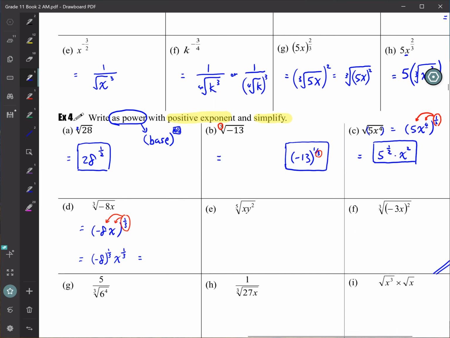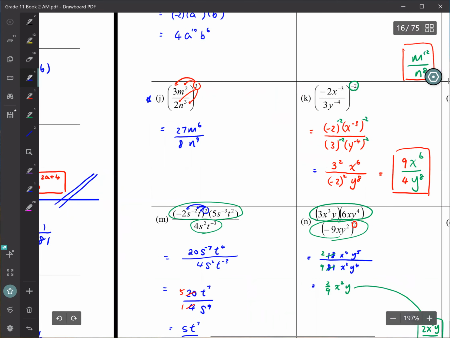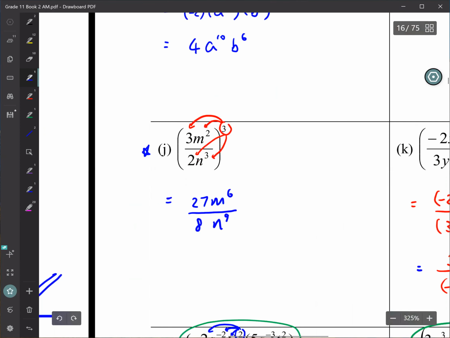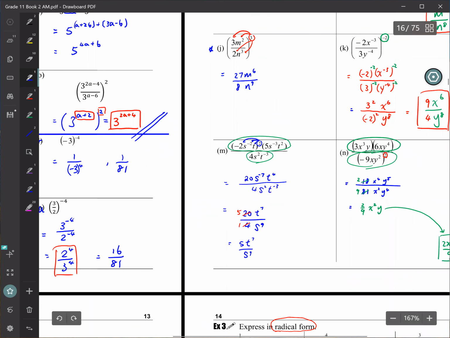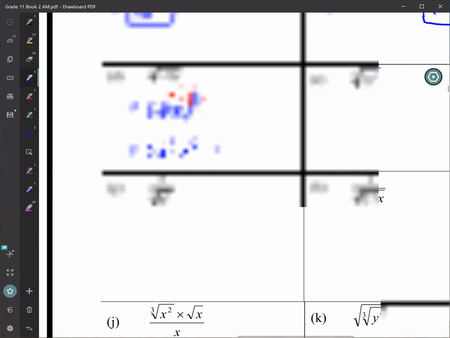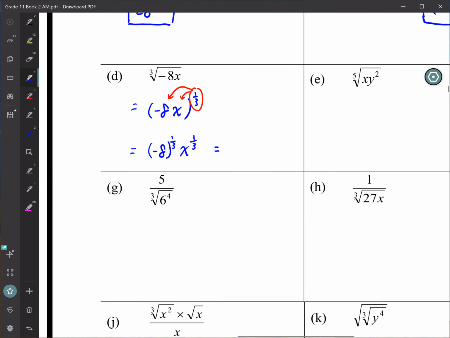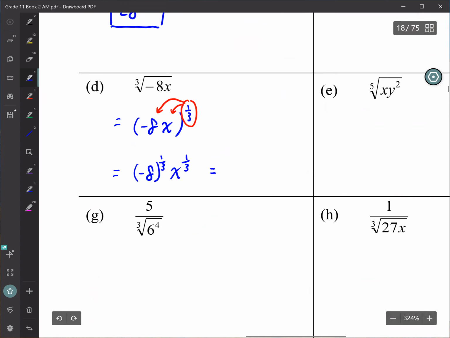You want to go as far as you can, especially when it has a variable and a constant. Similar to last week, when we have variable and exponent together, we want to evaluate the coefficient, the numbers. Same with this one. Negative 8 to the 1/3.